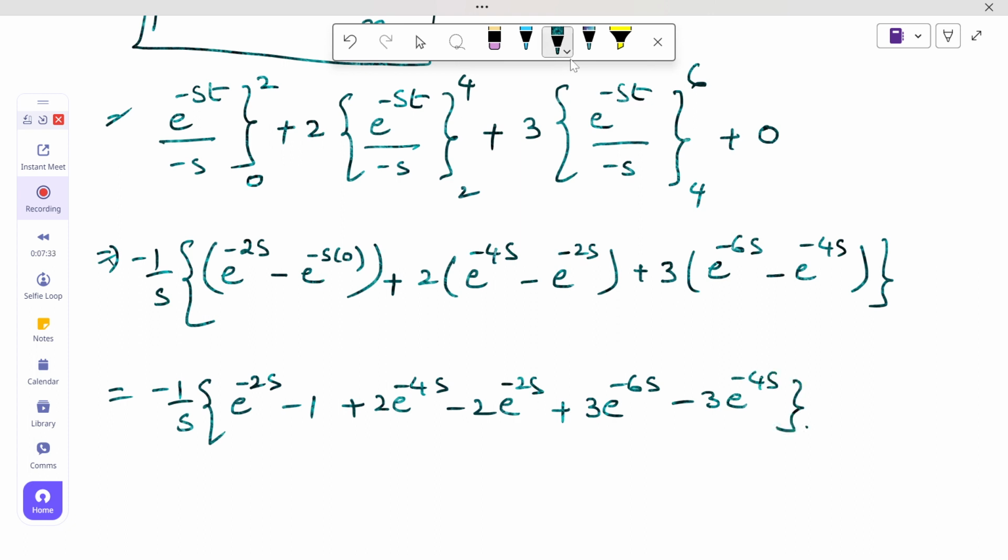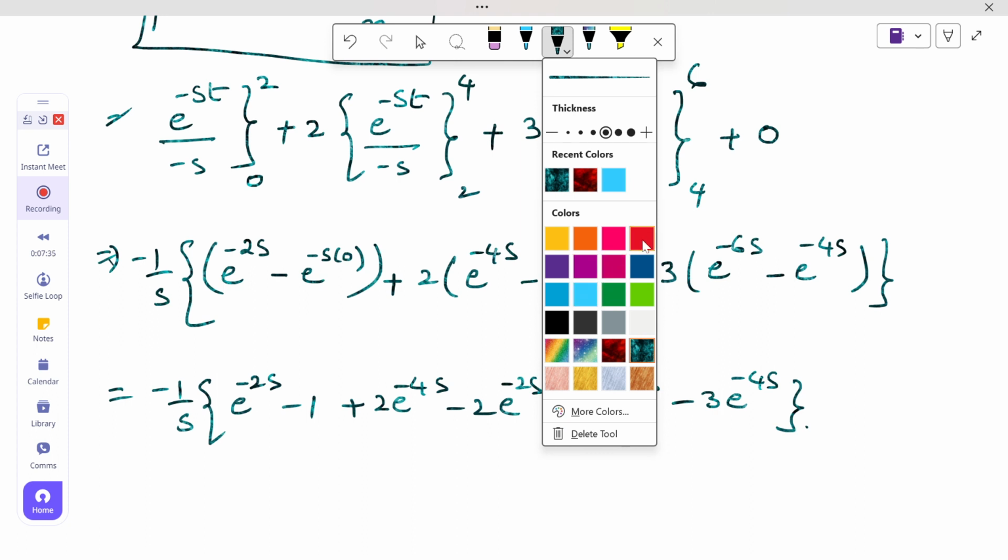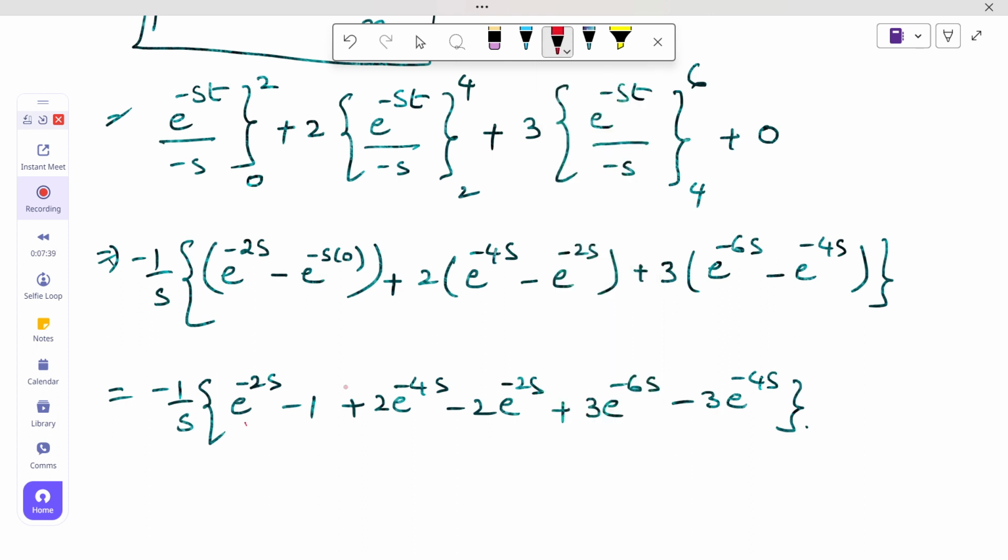Now we can combine the terms. The e power minus 2s terms can be added, and the e power minus 4s terms can be clubbed too.